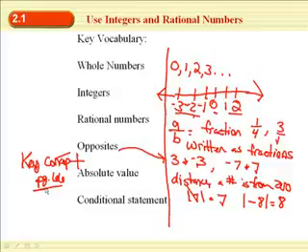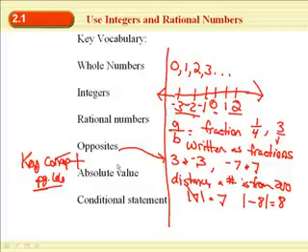And a conditional statement, at the bottom of page 66, it says, a conditional statement has a hypothesis and a conclusion. An if-then statement is a form of a conditional statement. The if part becomes the hypothesis, and the then part becomes the conclusion. So you have an example.